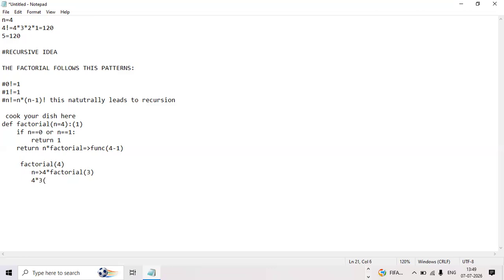Now 3 into factorial. Now I'm just writing, not explaining the whole thing, because you might have understood what I'm trying to say.